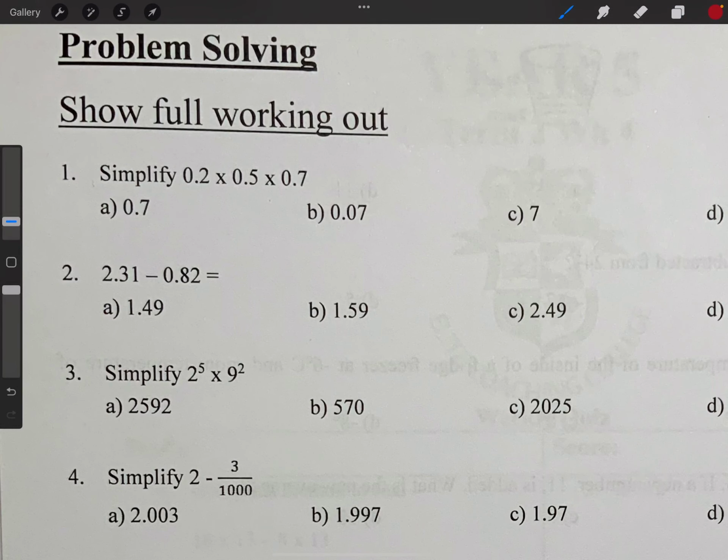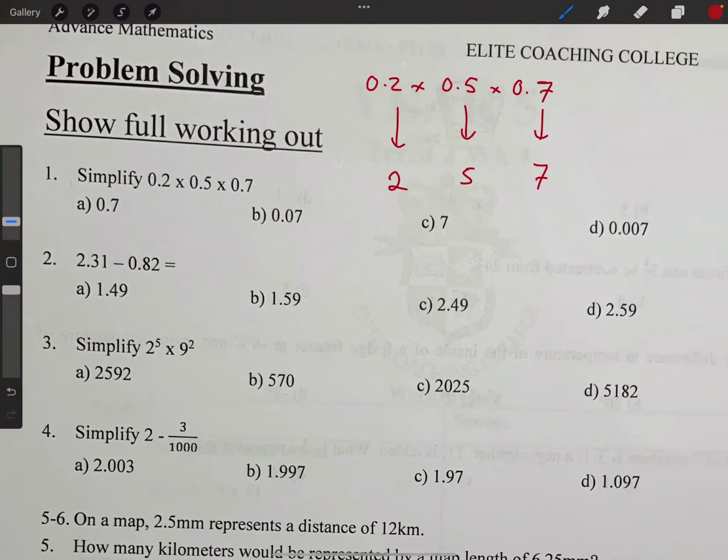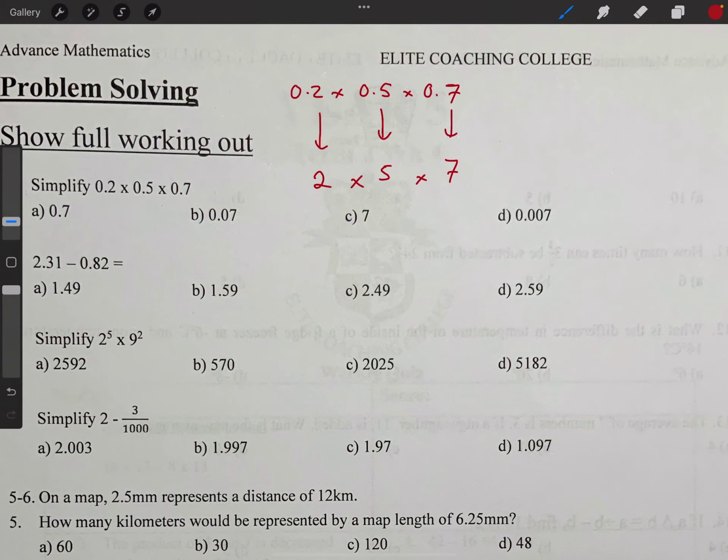When you have 0.2 times 0.5 times 0.7, I like to change these to whole numbers: 2, 5, and 7. Then I can multiply this easily. What's 2 times 5 times 7? That'll be 70, isn't it? 70 is a whole number, so the decimal place will be after this 0.